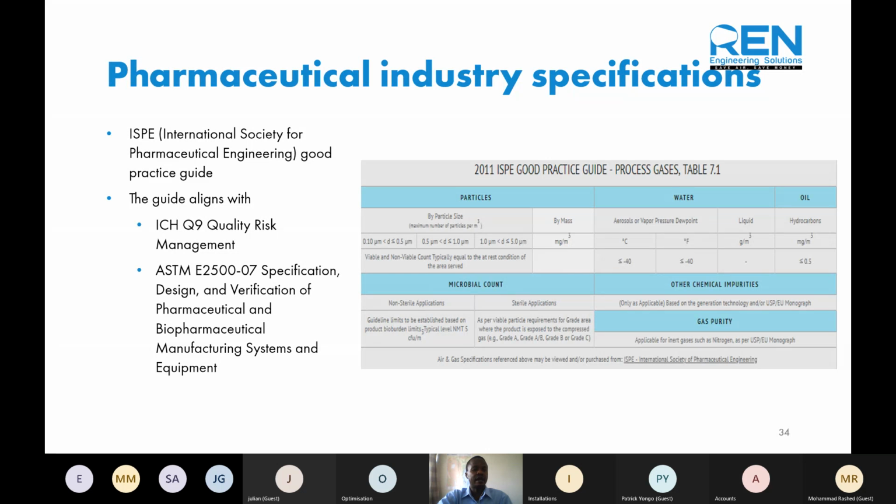Again, these standards are just guidance, and it is critical for you as a manufacturer to have your own internal standards based on your own risk assessment.